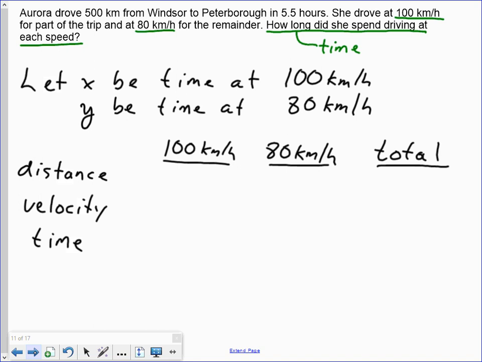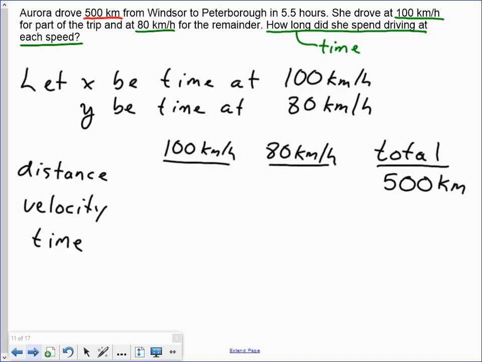So how far did she travel at 100 kilometers per hour? Well, it doesn't tell us in the question. It does tell us that the total distance she traveled is 500 kilometers. That's from right here. So we can add that to our table as our total distance. And that's all we know for the distances so far. Let's see. What do we know about velocities?